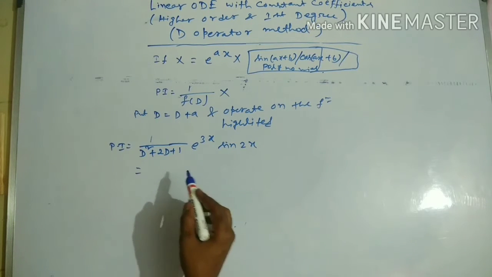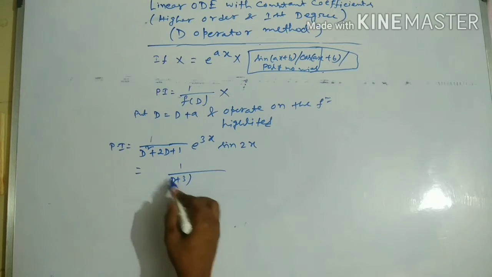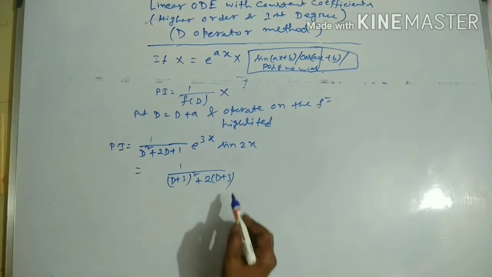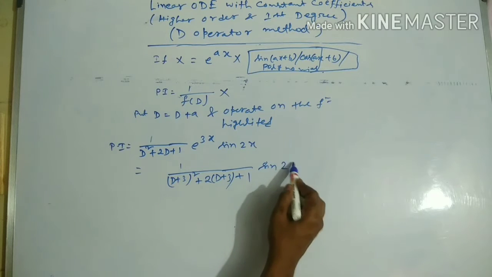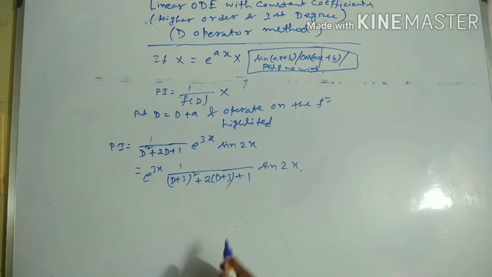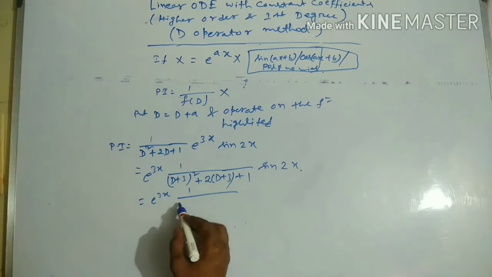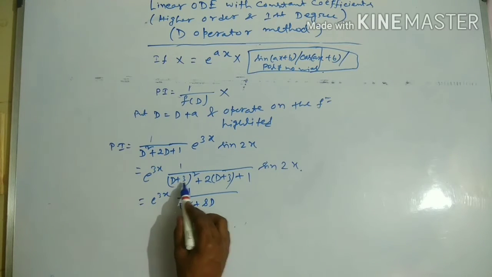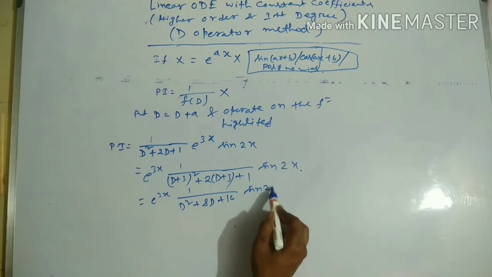Then we have to put D equal to D plus a, that is here a equal to 3, so we will put D plus 3 whole square plus 2 into D plus 3 plus 1, and we will operate only on sine 2x, and I have to write e to the power 3x in the first position. So this will be e to the power 3x into 1 by D square plus 8D plus 9 plus 6 plus 1, that is 16, after simplifying, sine 2x.